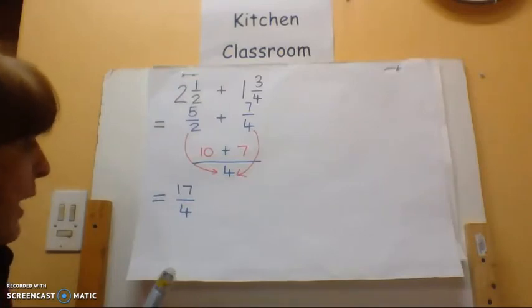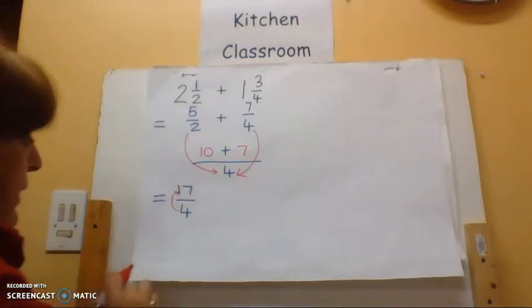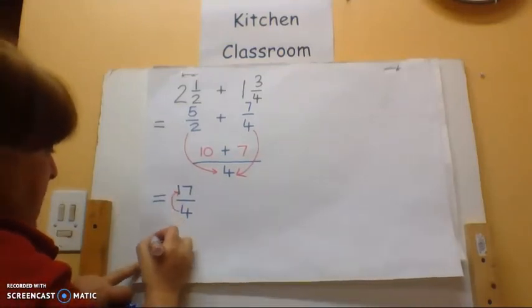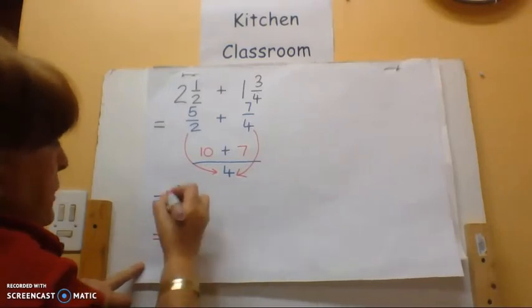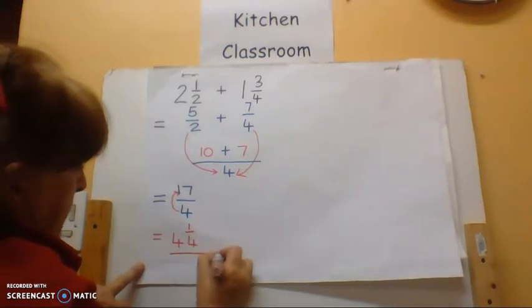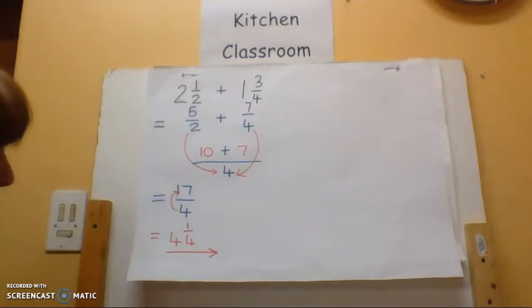How do we do that? We divide the denominator into the numerator and ask, how many groups of 4 can I make out of 17? 4 times 4 is 16, and there's 1/4 left over. My 1/4 is in its simplest form, so I leave it like that. And there is my answer.